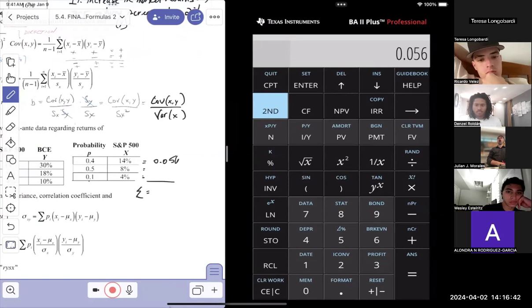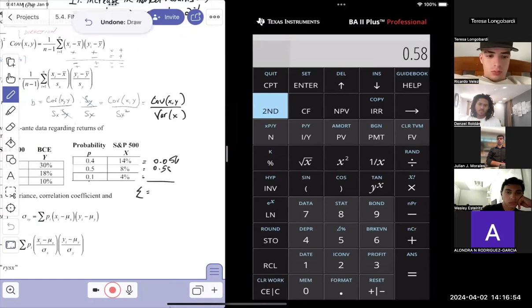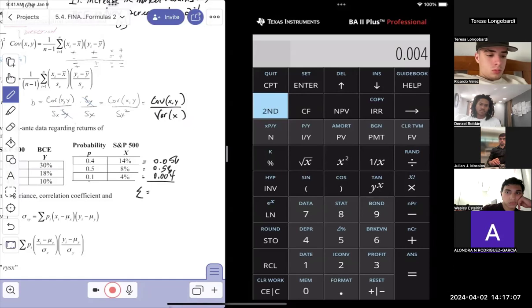I can store that in 1, and I can take 0.5 times 0.08, and that's 0.04. And then 0.1 times 0.04, which is 0.004.